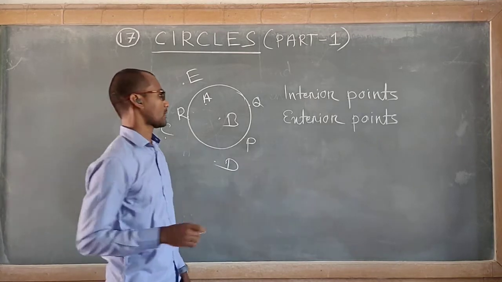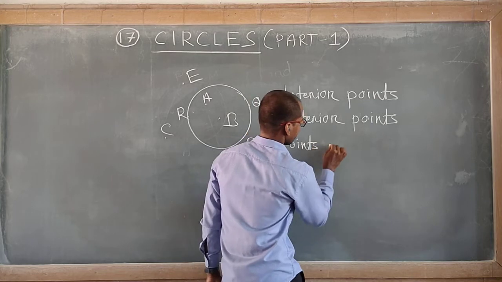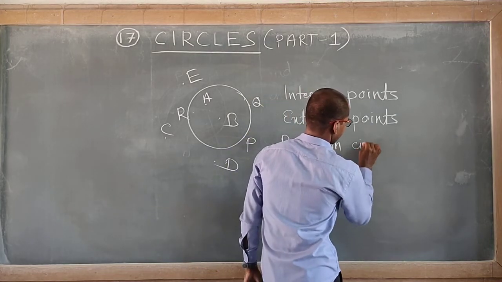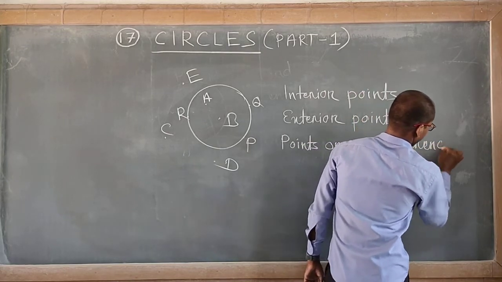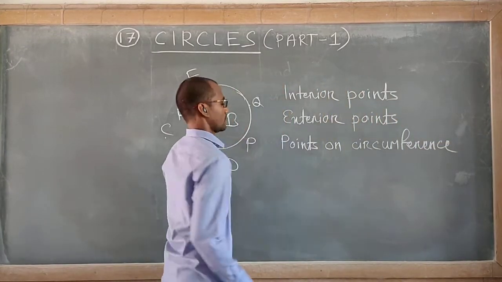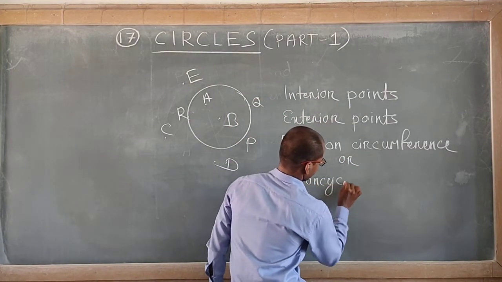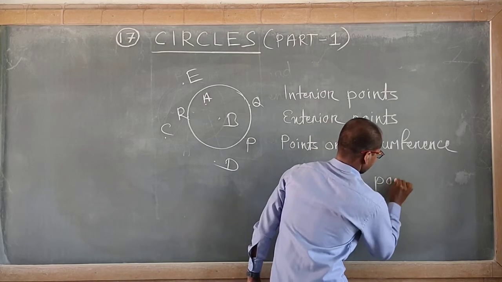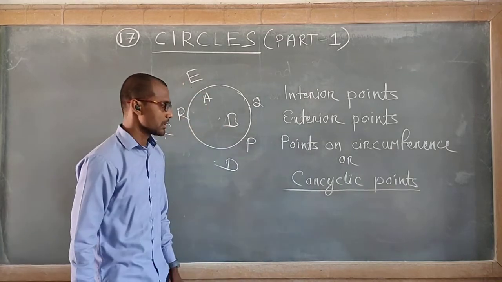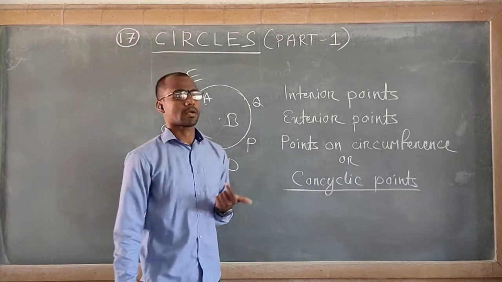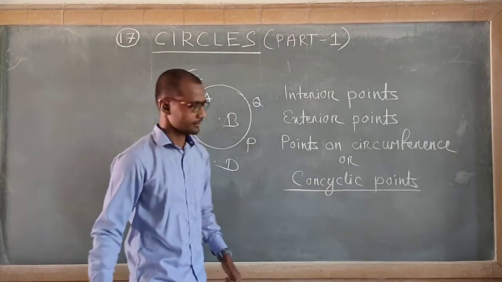Such special points are called points on circumference or concentric points. Remember this term. The points which lie on the circumference of a circle are called concentric points or points on the circumference.